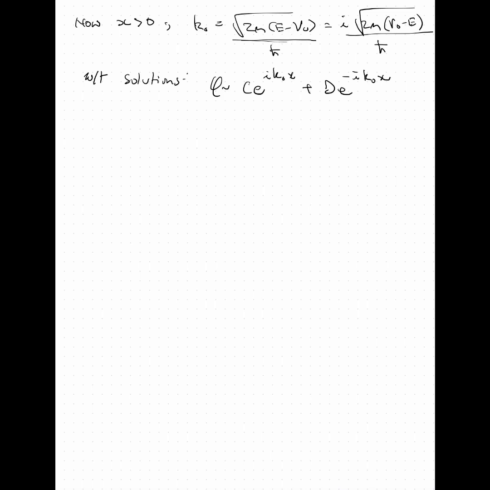And because the k naught has an imaginary number in there, I can simplify this a little bit, and we get in the end c times e to the minus kappa x plus d times e to the plus kappa x, but because d has to go to 0 because we want to avoid unphysical solutions, this simplifies the expression even further.